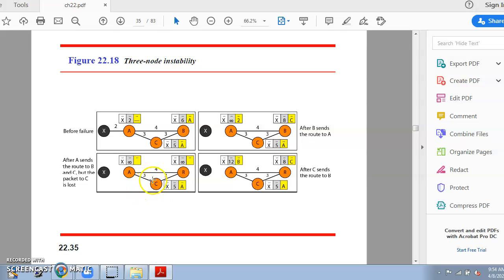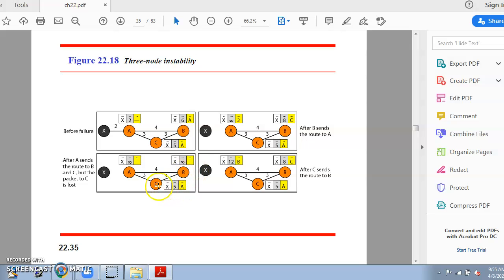But when A sends its information to C, the packet is lost and never reaches C. So node C remains in the dark and still thinks there is a route to X via A with a distance of 2.